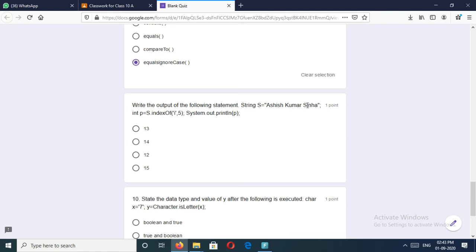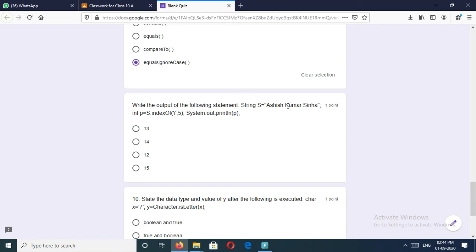Again I will count: 0, 1, 2, 3, 4, 5, this is finished. 6, 7, 8, 9, 10, 11, 12, 13, 14. What is the index number of this i? 14. That means 'i', 5 means after the fifth position you have to take that i character.